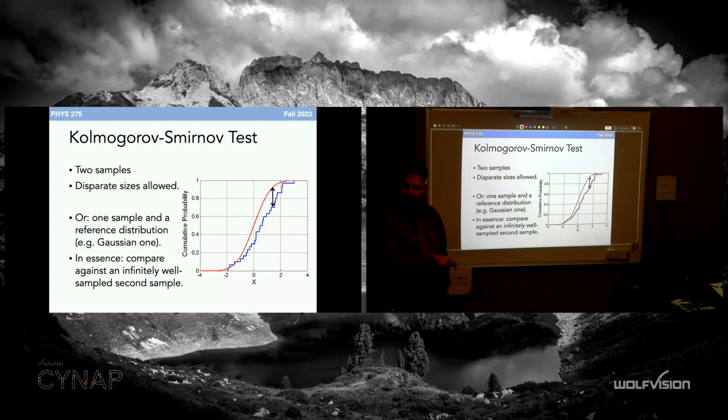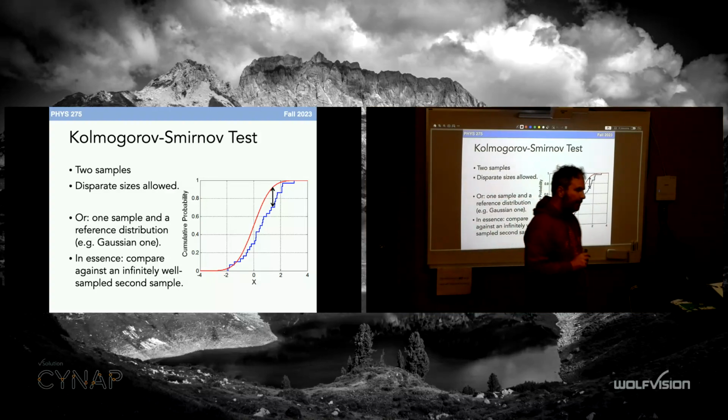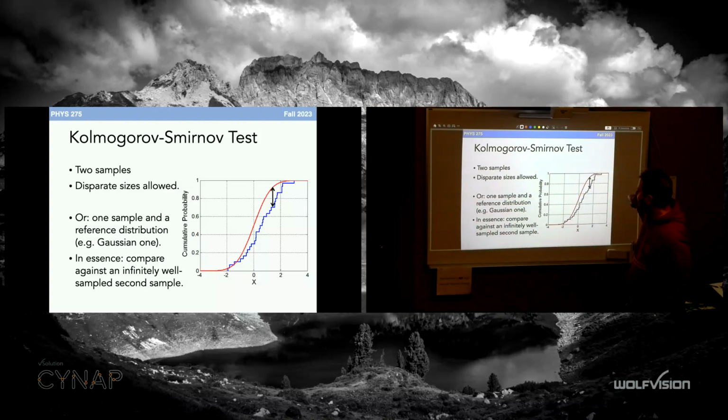Does this make sense? All right, so the neat thing is you can compare an almost infinite sample to a small sample. So I can compare a small new study to the giant study I already had and see how well they agree.